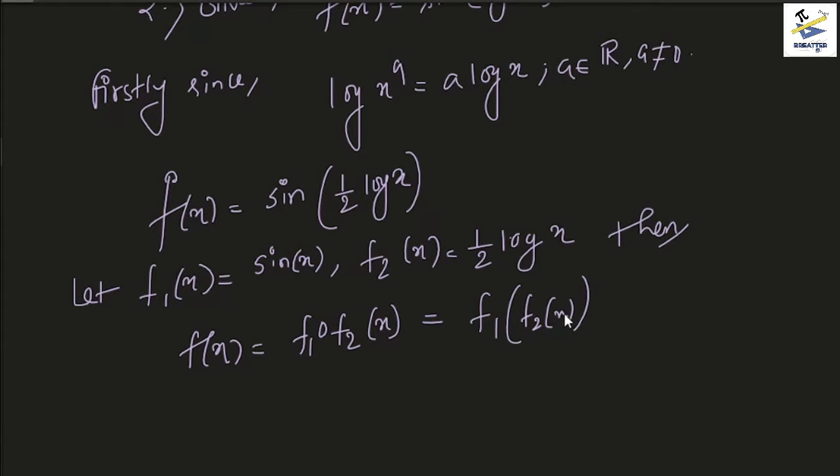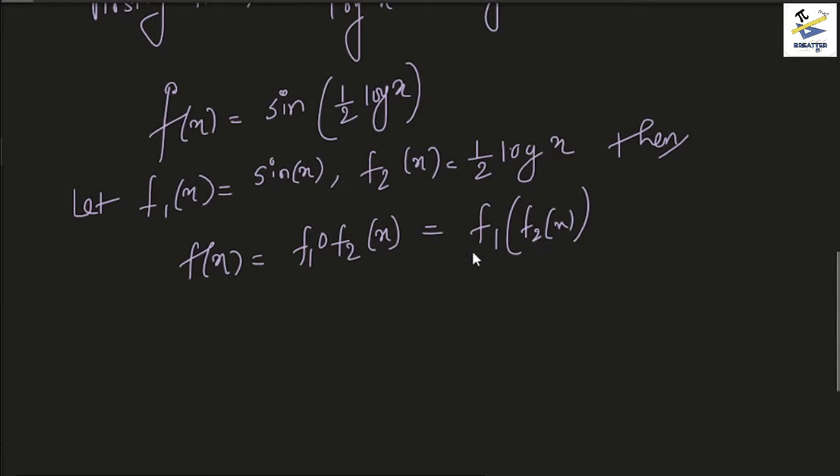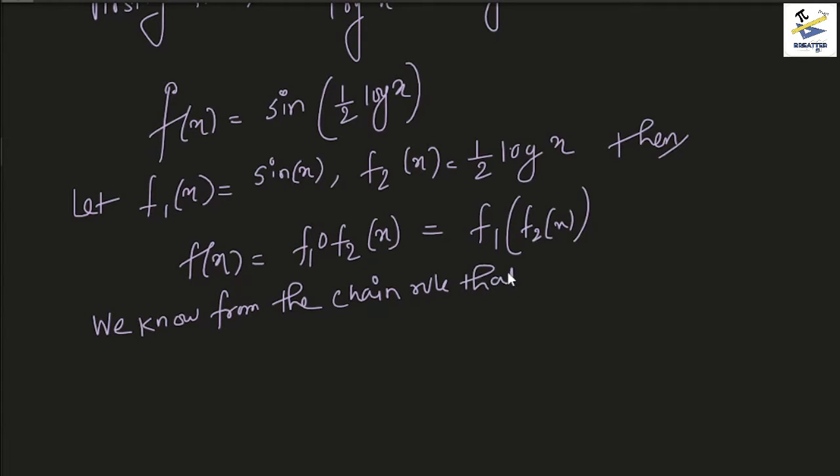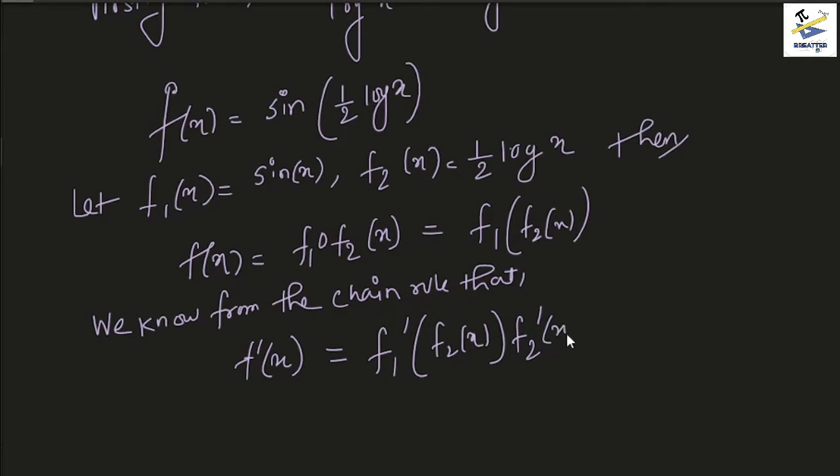And the chain rule says that when we differentiate a function of this composite kind, f dashed x should be equal to f1 prime, and the argument should be f2 of x, multiplied by f2 prime of x.